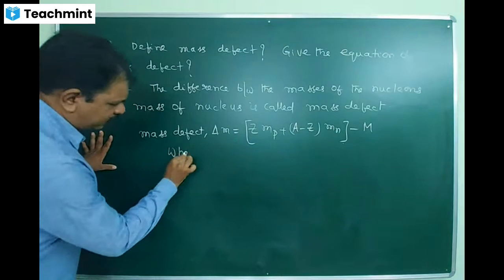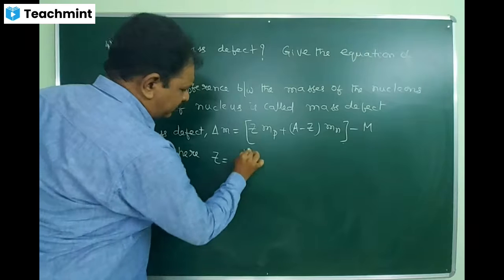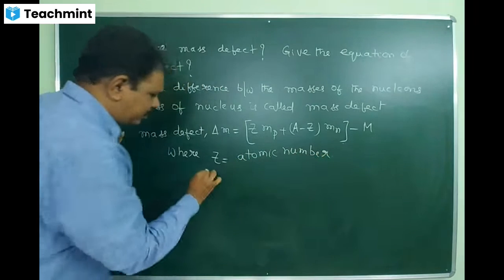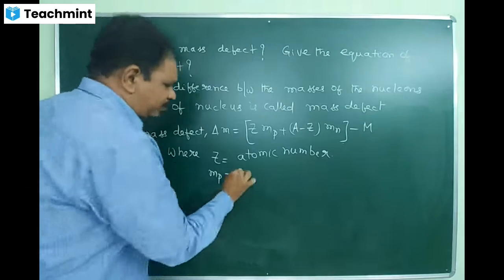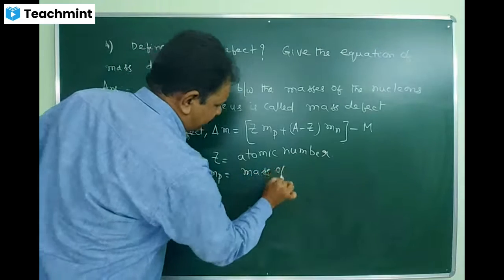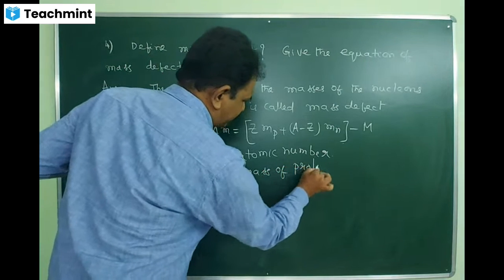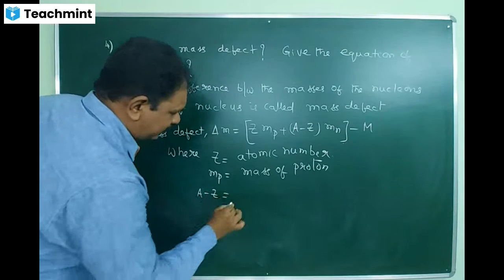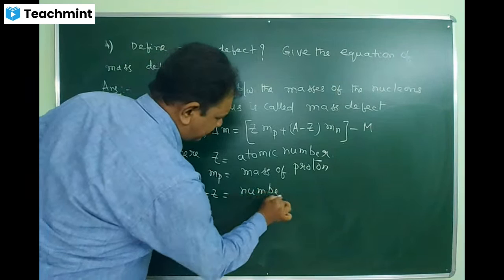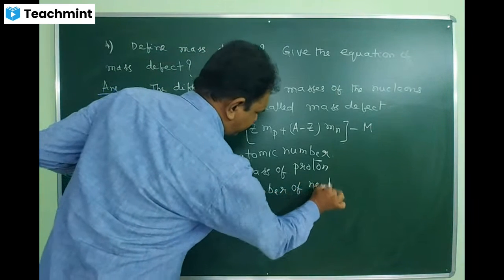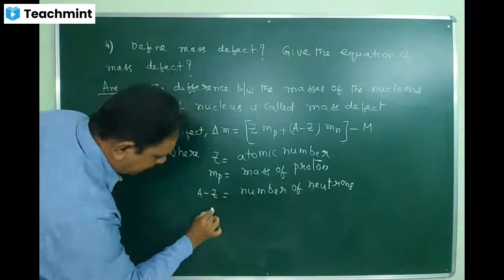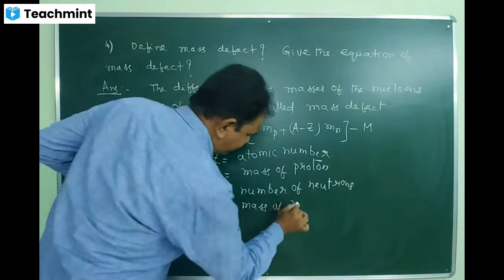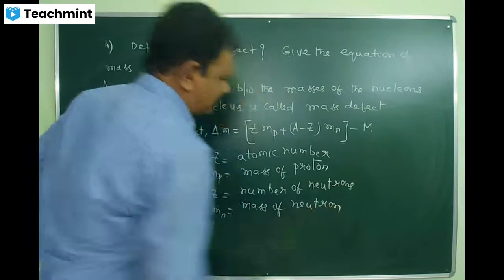Where Z is equal to atomic number, Mp is equal to mass of proton, A minus Z is equal to number of neutrons, Mn is equal to mass of neutron. Write down this one.